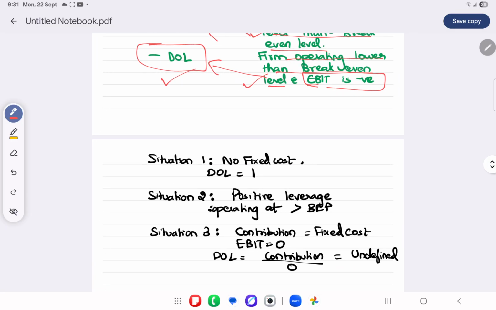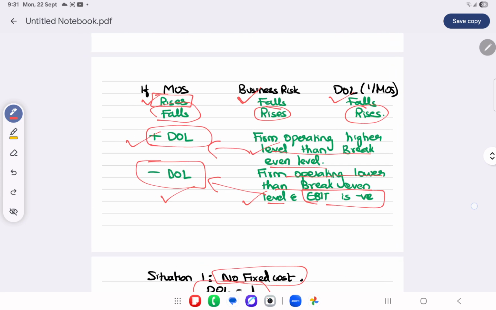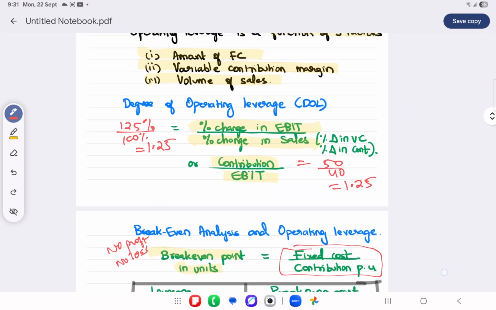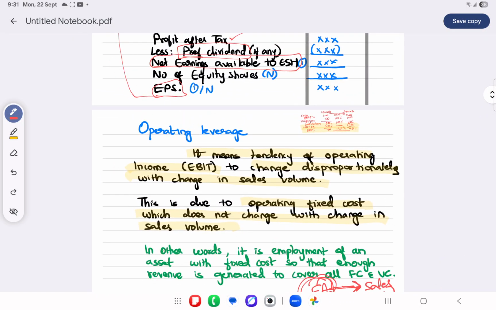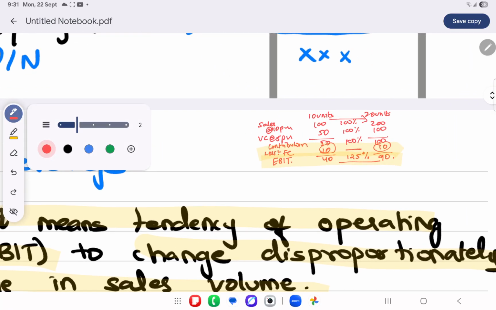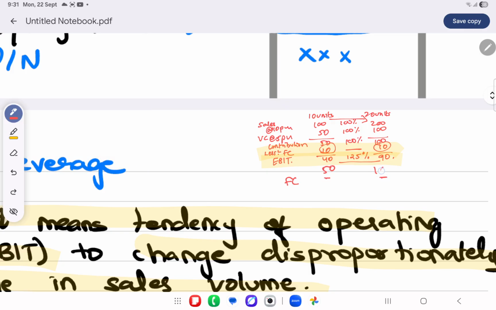We'll see a case where there is no fixed cost. If there is no fixed cost at all, our degree of operating leverage will be 1. How is it so? Taking the same example, here if the fixed cost is nil, contribution is 50 and 100, fixed cost is nil, our EBIT will be 50 and 100.